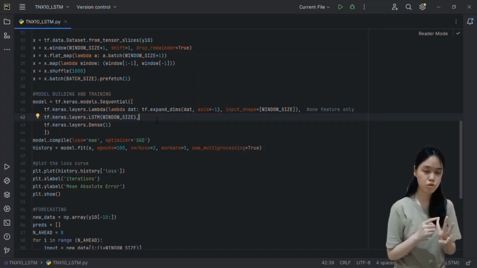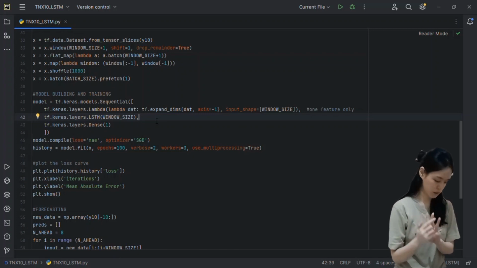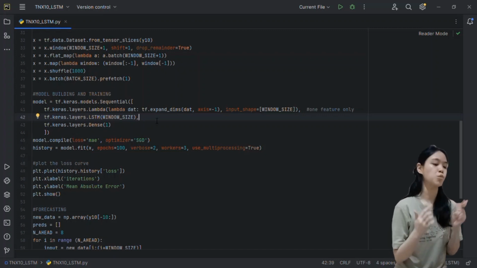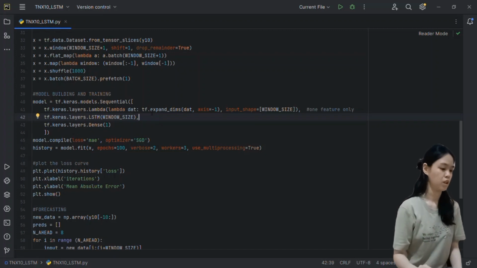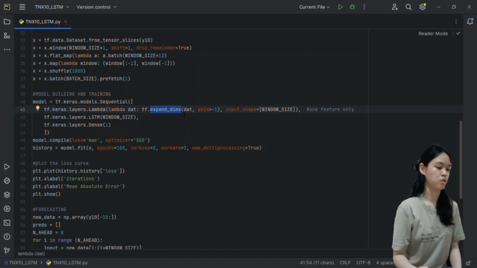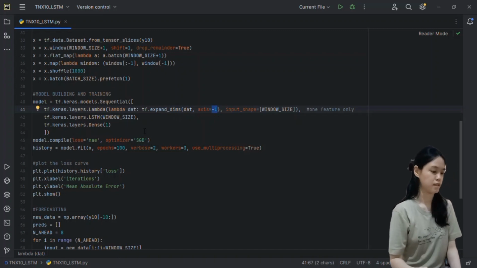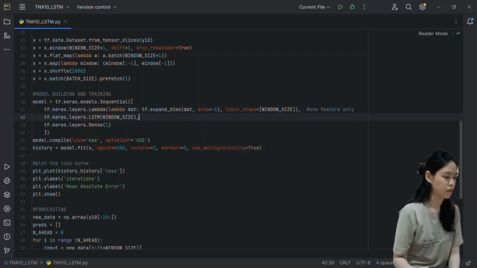The first one is the batch, and then the second one is the time step, and then the next one is the number of features. Since we're dealing with univariate time series, we have only one feature, and that's why we can just add the dimension with expand_dims function at the end of the axis, at the end of our dimension.